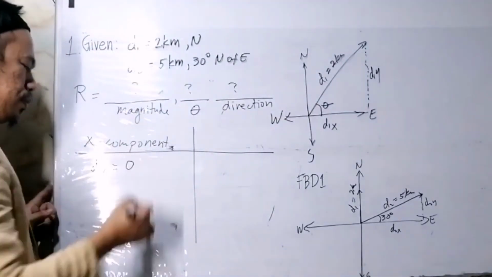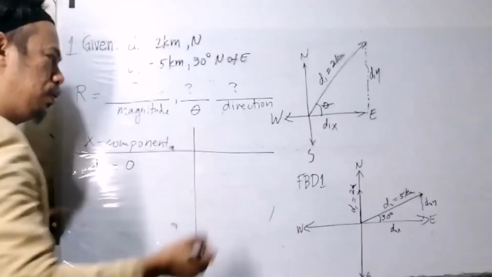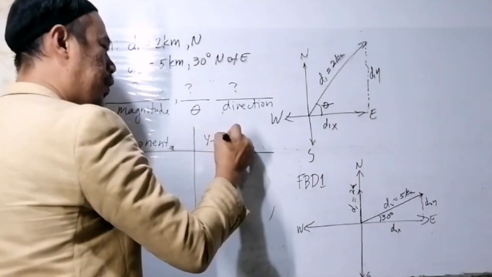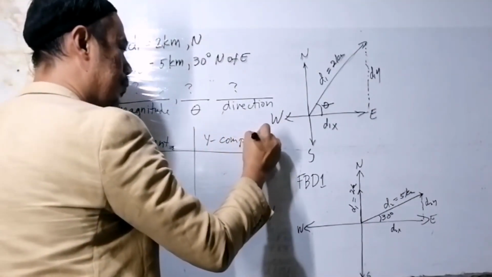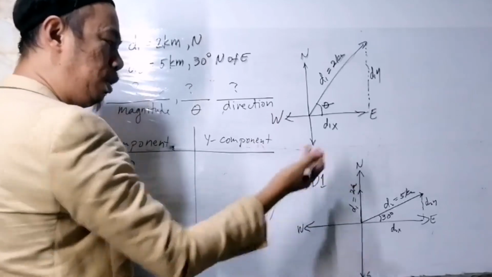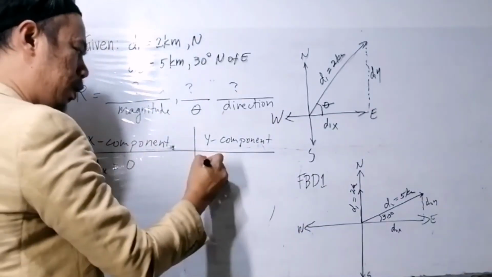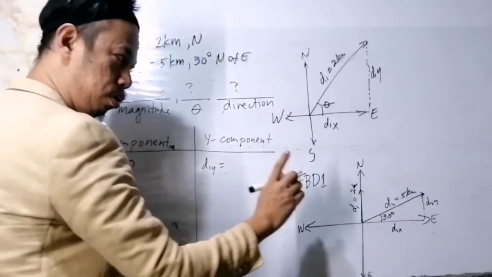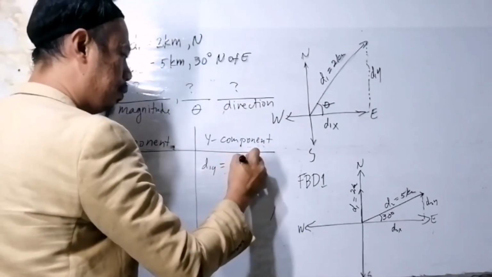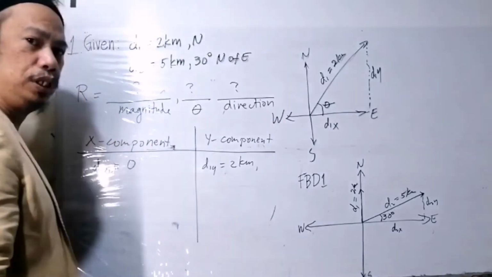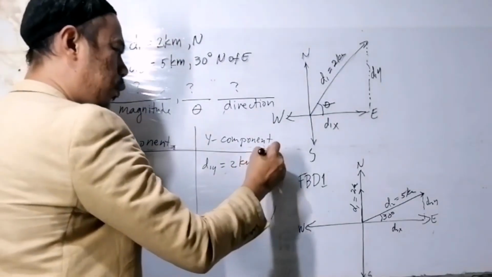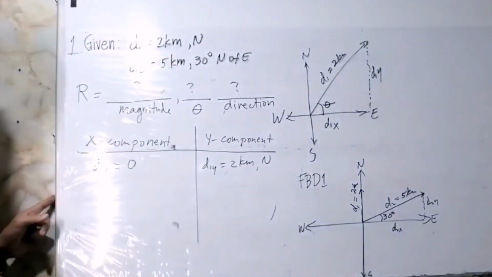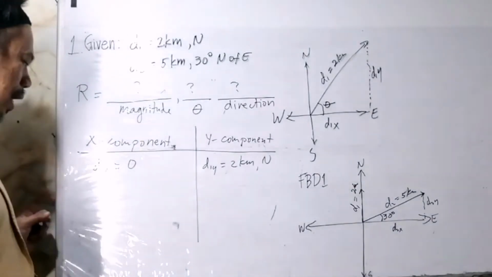So, that is 0. d1x is 0. Now, let's go to the y component. We only have y component. Therefore, the d1y is equal to 2 kilometers. Very good. And what's the direction? North. Okay? We just copied the given.